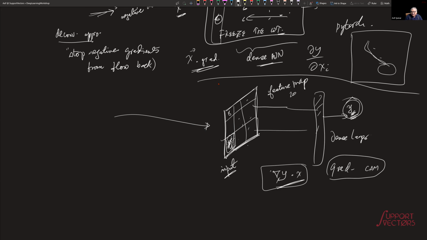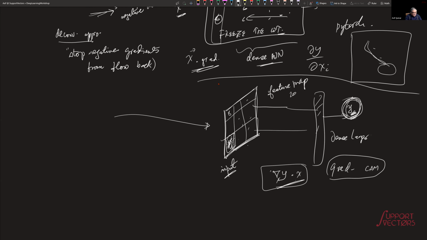But the value of the feature also matters, because the response ultimately is a product of the gradient and the amount of the feature itself. If the feature has already vanished to zero or close to zero, the gradient in itself would not be enough, isn't it? So the response depends on both of these factors, the sensitivity and the value on the feature map.